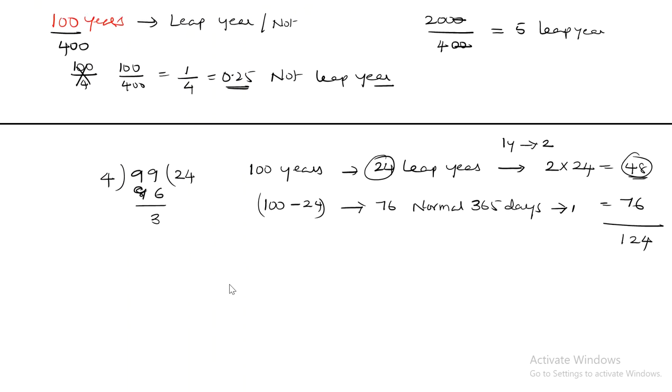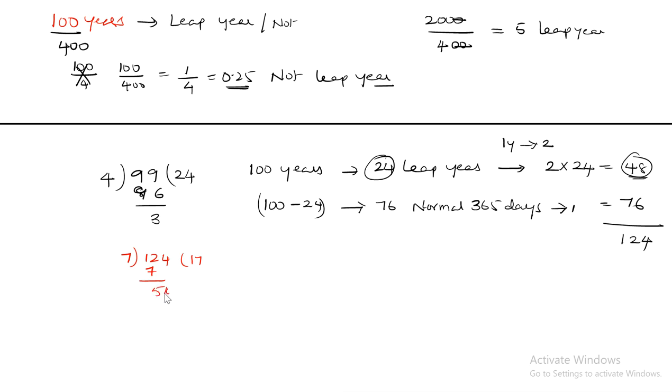Now to find how many odd days there are in a year or in a century, first you'll take the same 7 and 124. 17 here, so it is going to be 1. 7 here is nothing but 5.